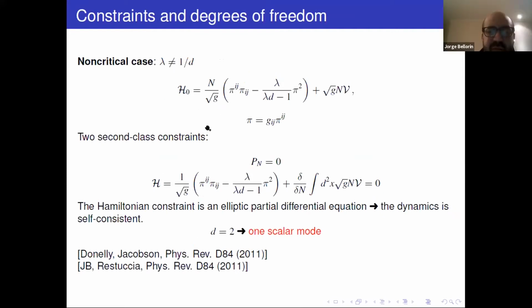This is well known. In the general case, or most known case, lambda is not critical. This is the Hamiltonian, and you get the second-class constraint given precisely by the Hamiltonian constraint, which I can write in this general form. Its partner is the vanishing of the momentum associated to the lapse function. At the end, you obtain, as is well known, one scalar mode propagating in 2+1 dimensions.